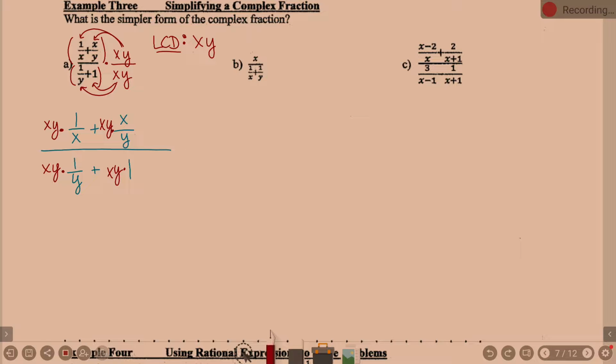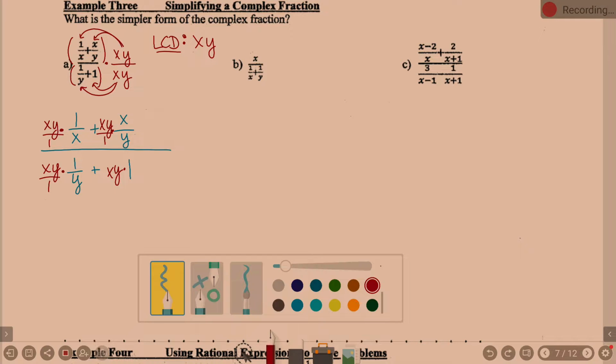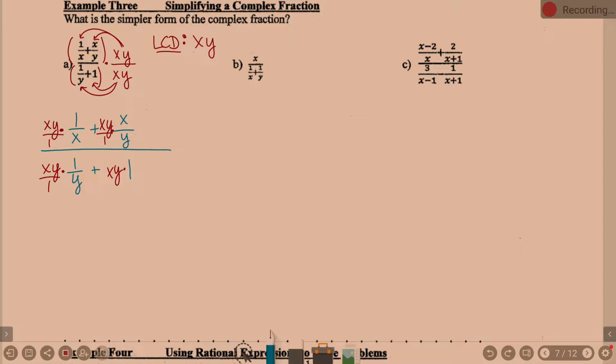Now, I'm multiplying this xy by a lot of fractions. How do I make xy a fraction? How do I make anything a fraction? Over 1. Work with me here. xy over 1 times 1 over x.